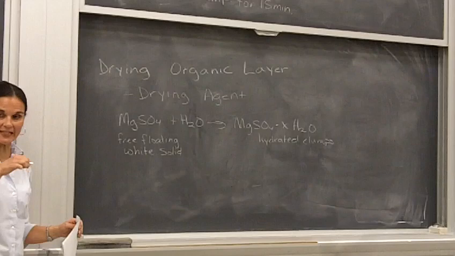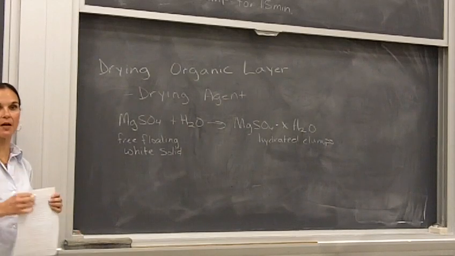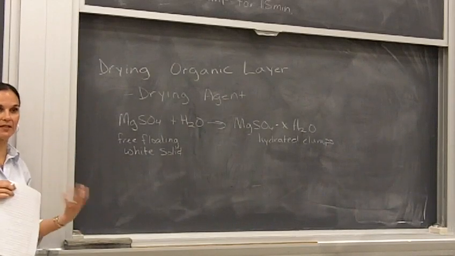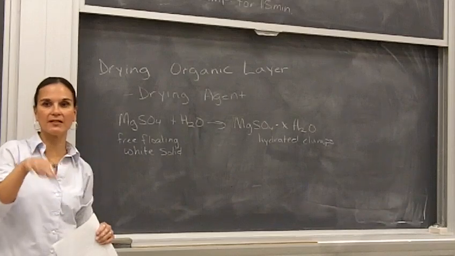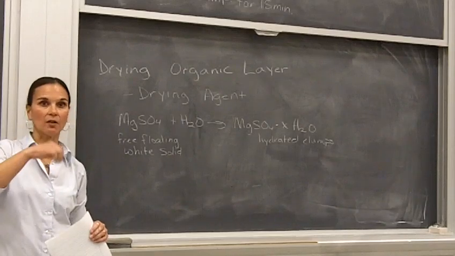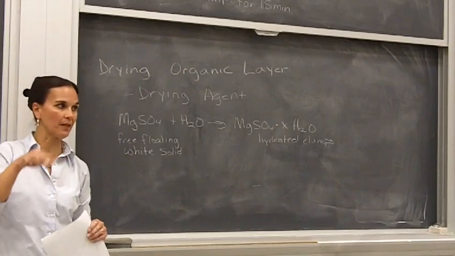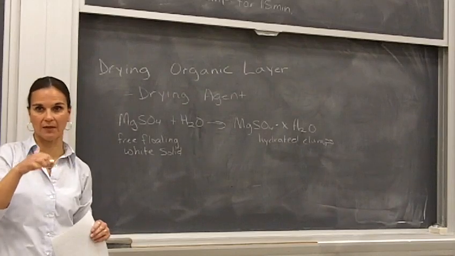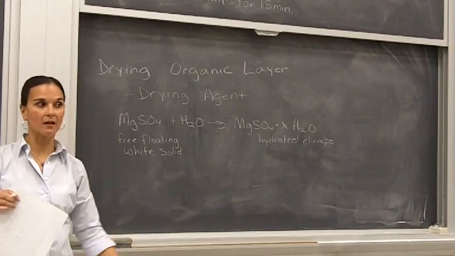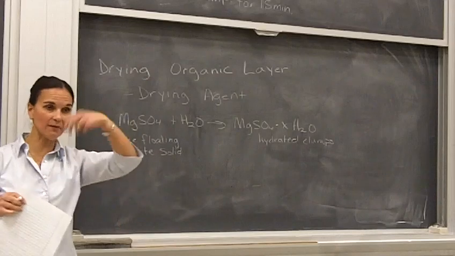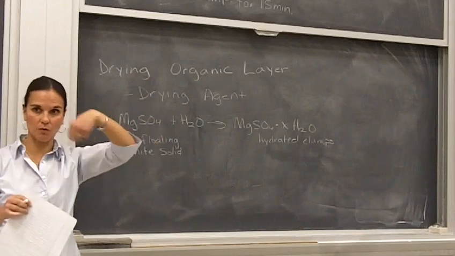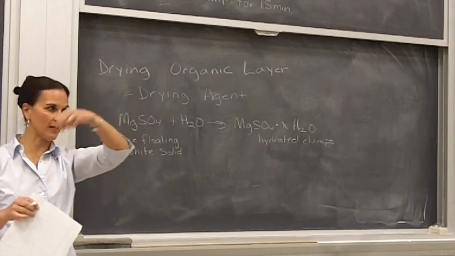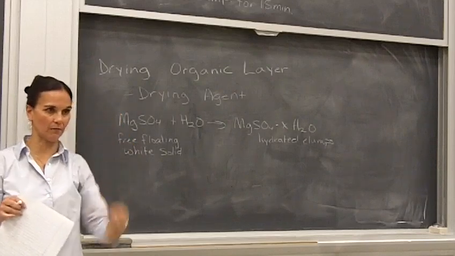And what you want to see is that you have some that's free floating and then some that's clumping. If all you see is that it's clumping, we need to add a little bit more and make sure we have some that's free floating and some that's clumping. So what you should see is some clumps and some like a snow globe. When you swirl it, it just kind of spins around in there, free floats in there, okay?